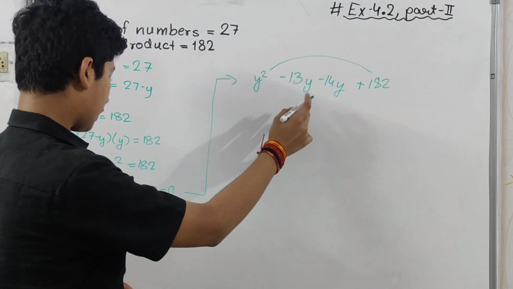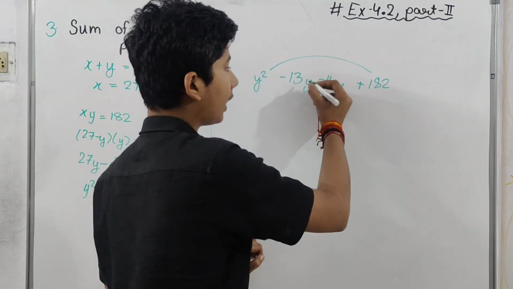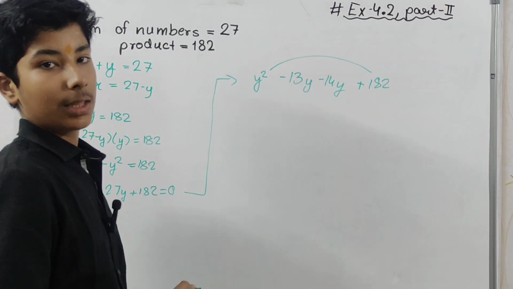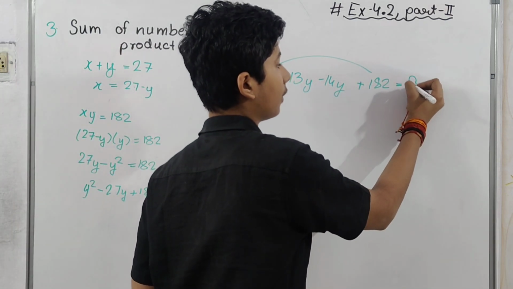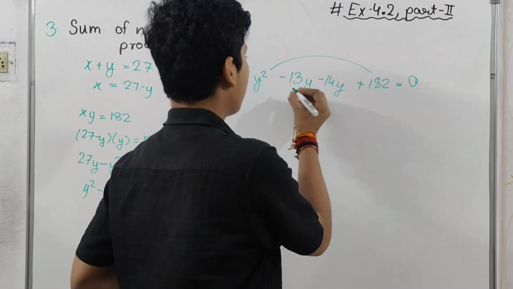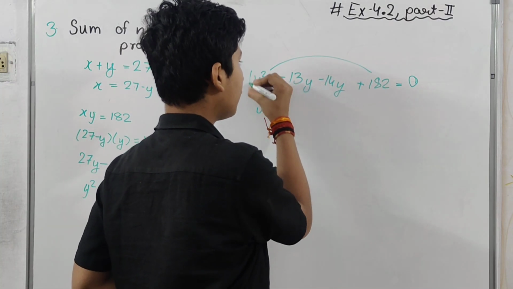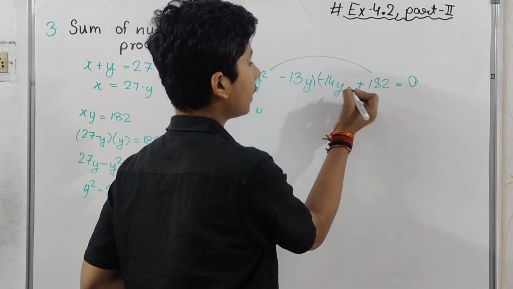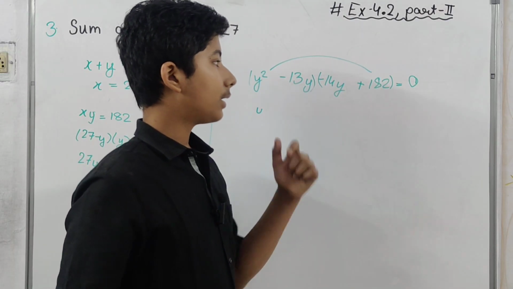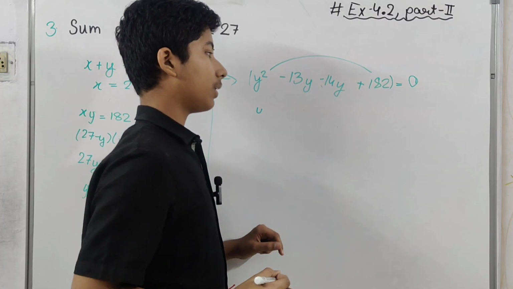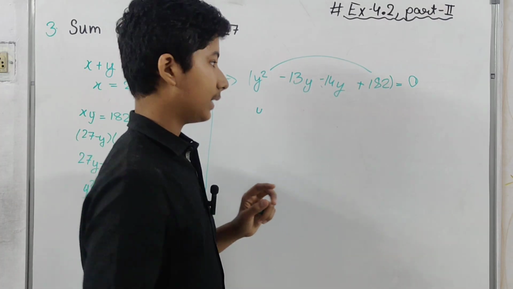So we have found out it is 13y and 14y, those two negative ones, because when we add them, it becomes minus 27y equal to 0. So y square minus 13y, this is one pair, and minus 14y plus 182 is another pair. Brackets are just for representing pairs, it was not multiplication.